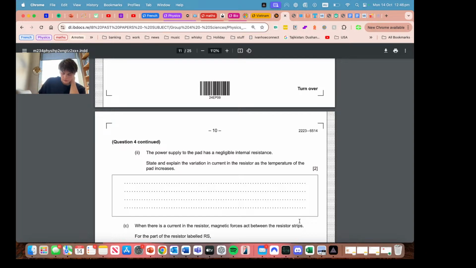Yes, we'll just do the ratio here. Ratio of V over Vg equals 2.27.